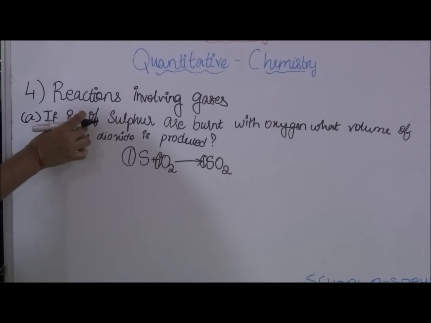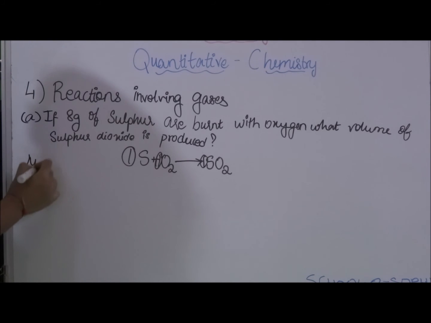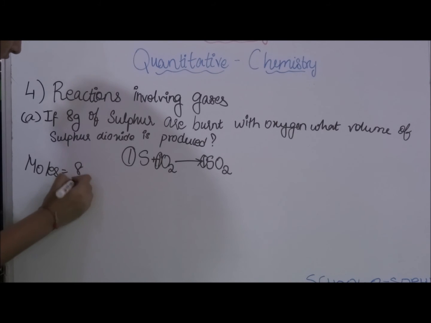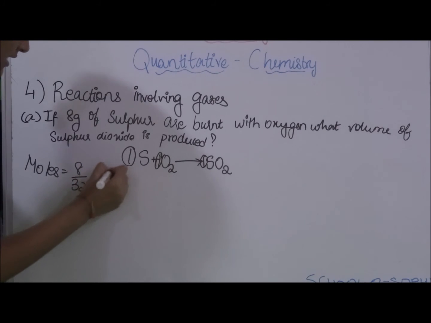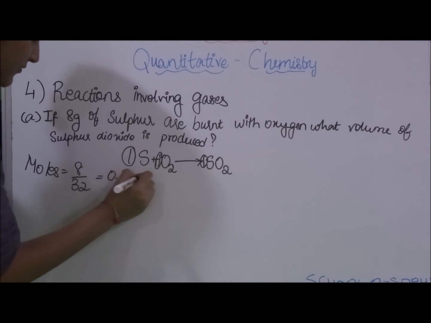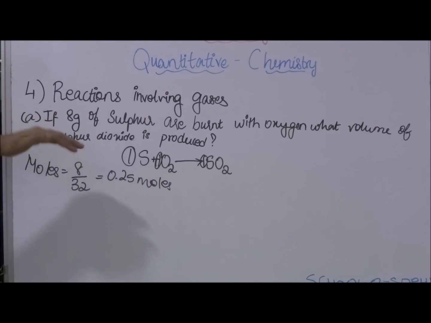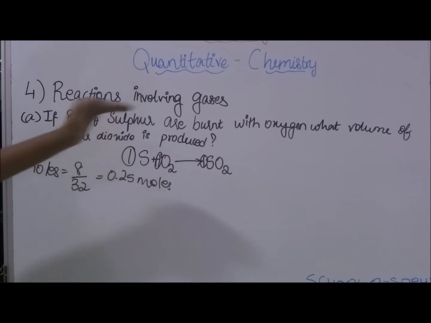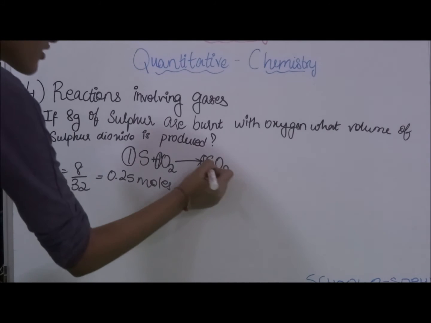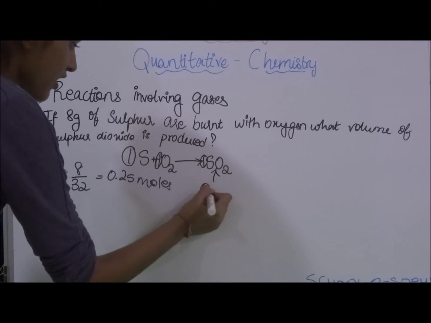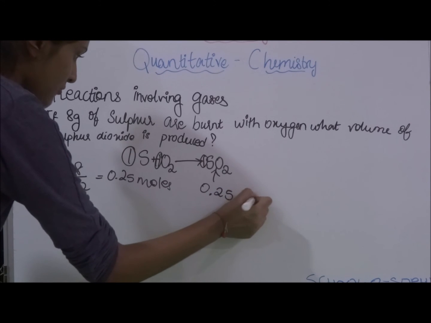First we need to convert this 8 grams of sulfur to the number of moles. So number of moles is equal to mass in grams divided by molecular mass. So 0.25 moles of sulfur reacts. Because the ratio is the same, that is 1:1, the number of moles of sulfur dioxide will also be 0.25 moles.